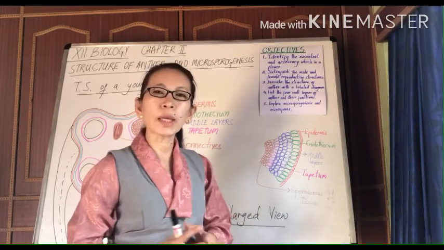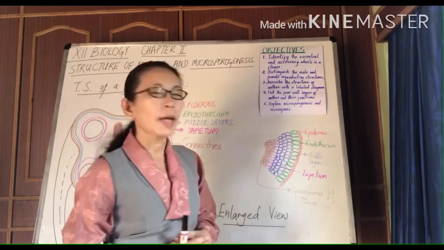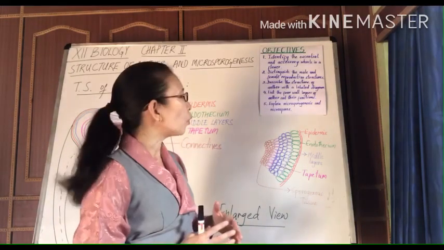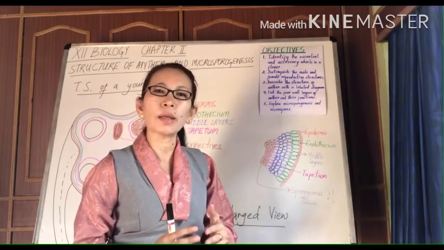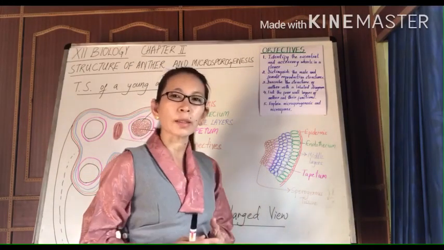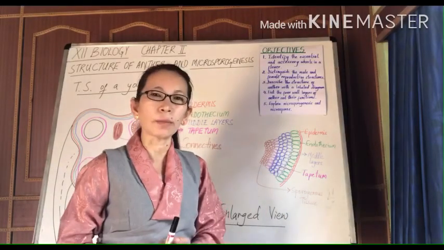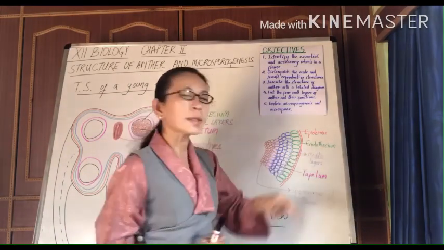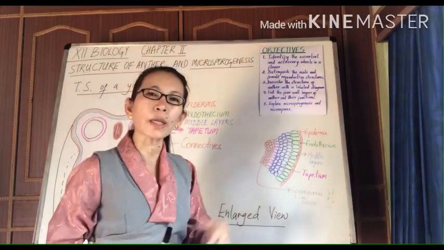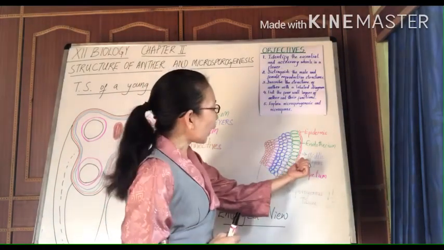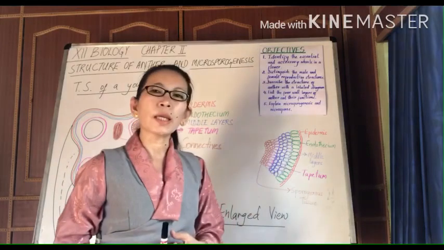They have more thick cell wall deposition, and these cells have a more elongated appearance. They are radially elongated cells, and they are also a single layer.